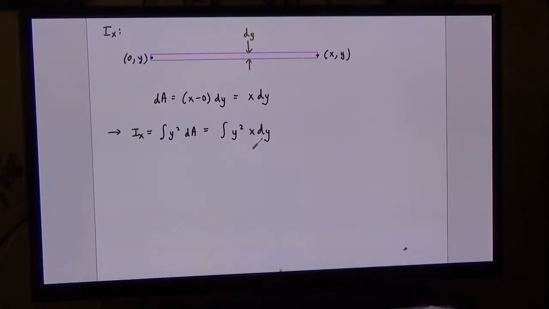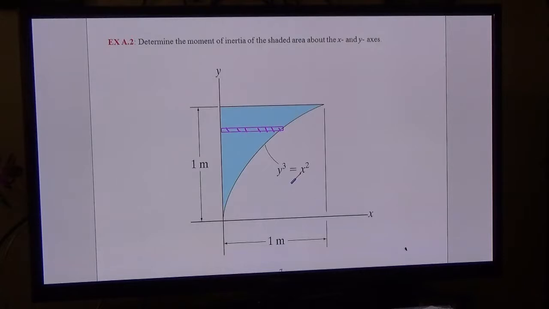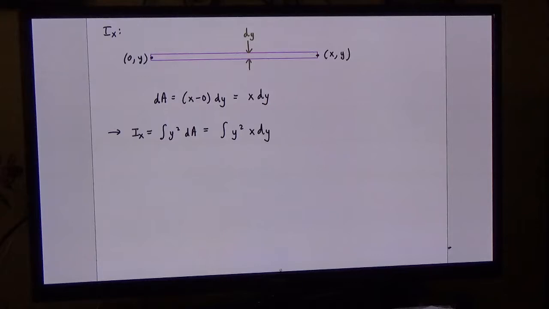Notice here we're integrating with respect to y, so we need everything in the integrand to be a function of y. This is a function of y, but we need to put x in terms of y. So in this equation, we would solve for x in terms of y by raising the entire equation to the power 1/2. So x would be equal to y to the 3/2 power.